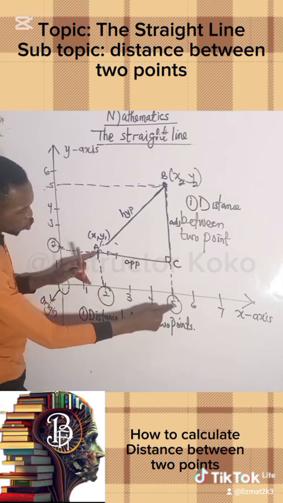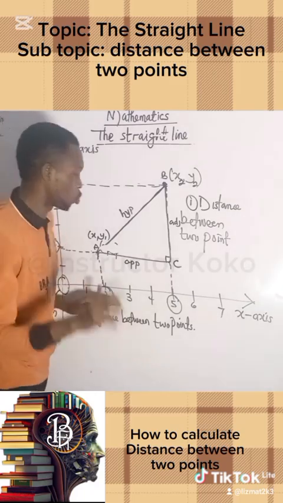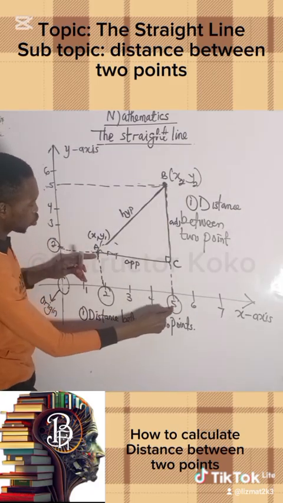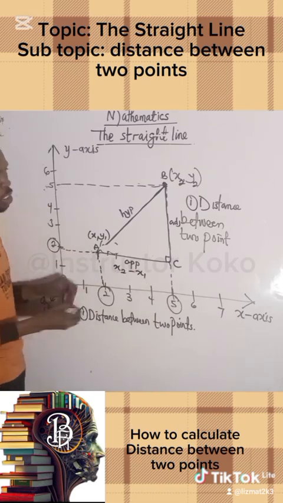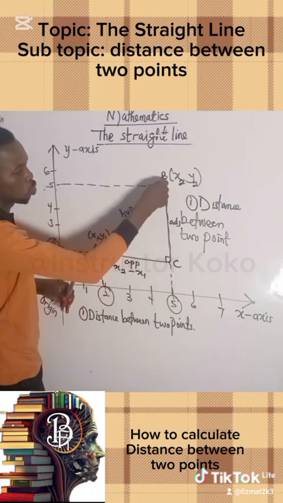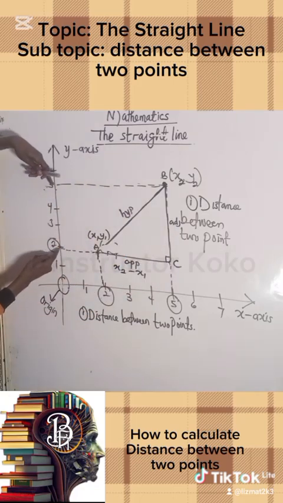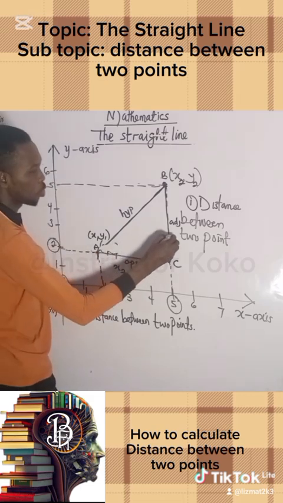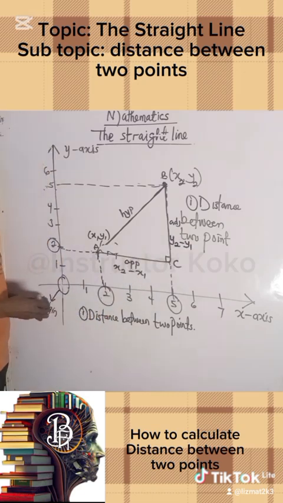That means the distance between A and C is 5 minus 2. So that's x2 minus x1. And the distance between B and C, if you trace it here, becomes y2 minus y1. That is 5 minus 3. So here will become y2 minus y1.